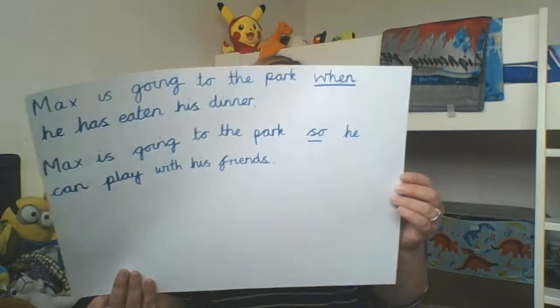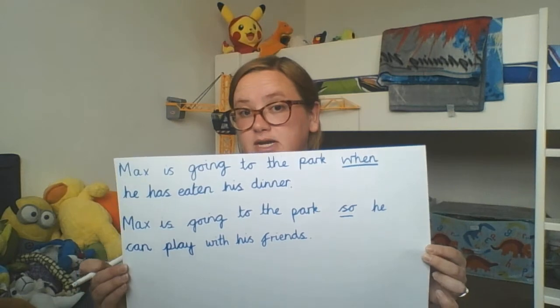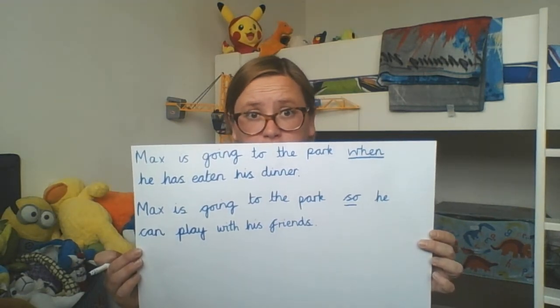Okay. Those are our 6 conjunctions we've used in 6 different sentences, telling us all about Max going to the park. Obviously, not all of your sentences that you ever write are going to be about that, but it's just showing you how you can use the conjunctions for the same idea to give extra information.